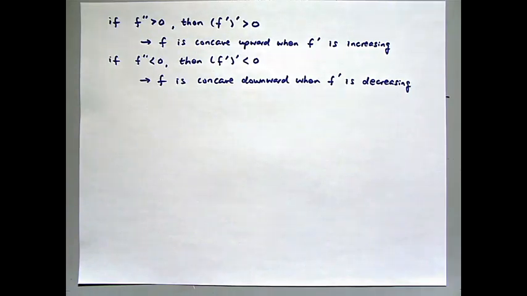Decreasing tangent line slope on the interval means the graph is concave downward. Increasing tangent line slope on an interval means the graph is concave upward. Okay, we also saw last time that when f double prime changes signs from positive to negative or negative to positive, we have an inflection point.